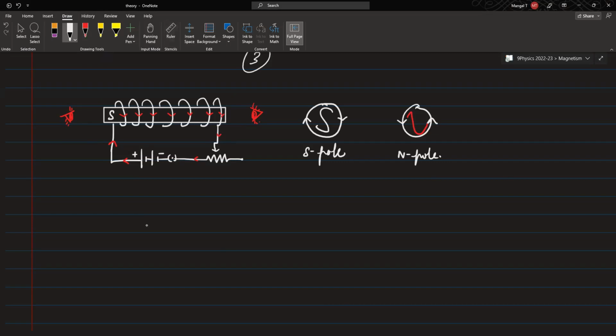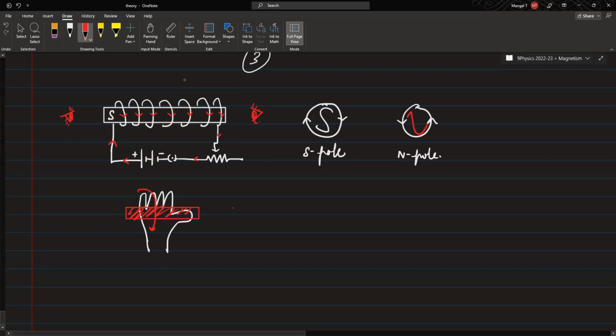One way I have told you is to take your right hand, holding it like this, and the rod which I have drawn is assumed to be this way. You curl your fingers such that the fingers are along this arrow, so your thumb points to the side.